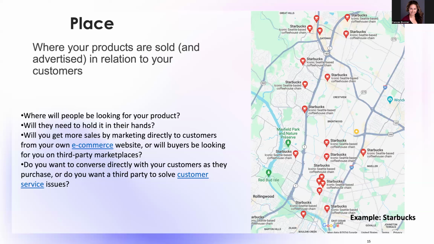As you can see, since this is a physical product that they want to put in customers' hands, there are Starbucks locations along every major highway and some of the major roads that lead into those highways. So this means at any point in the individual's commute, they are interested in getting something from Starbucks, they can simply exit within the next couple of minutes and get Starbucks coffee in their hands.